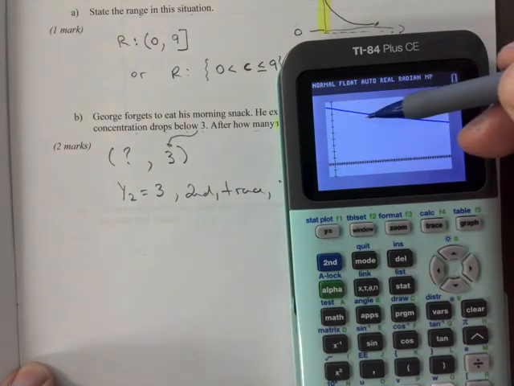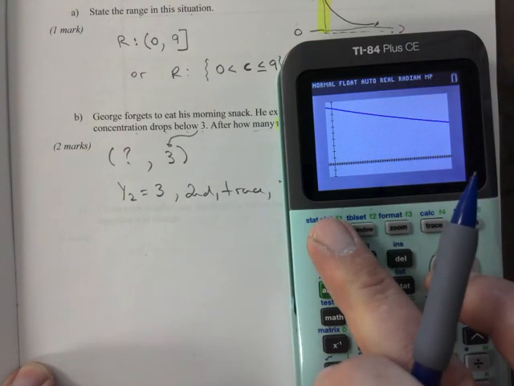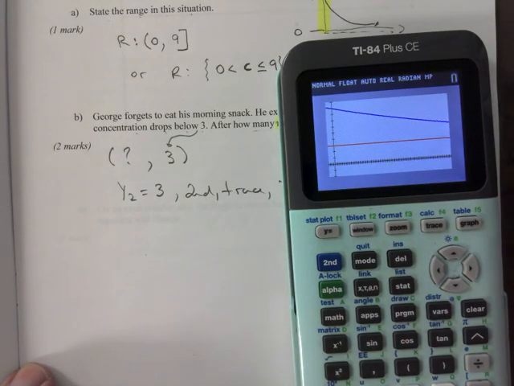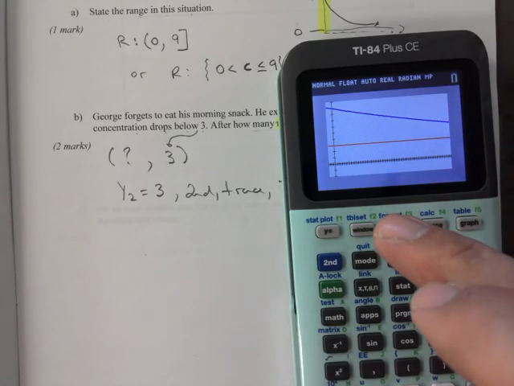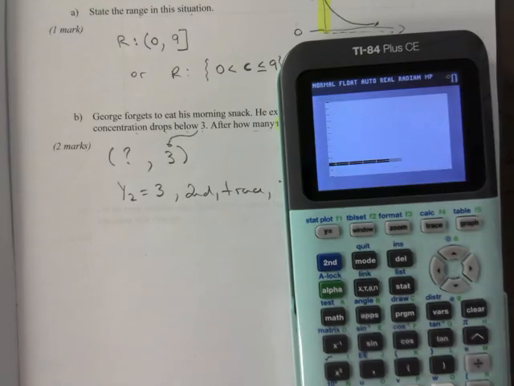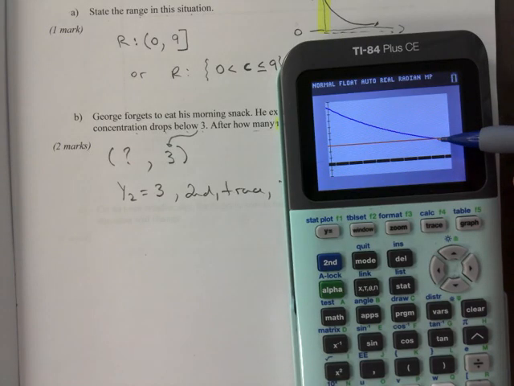And there it is. It's dropping, right? And I'm going to let y2 be 3. I clearly realize I need to increase my x max to see a bit more. So we're going to go 250. I'm just guessing, right? There it is. It hits it right there.